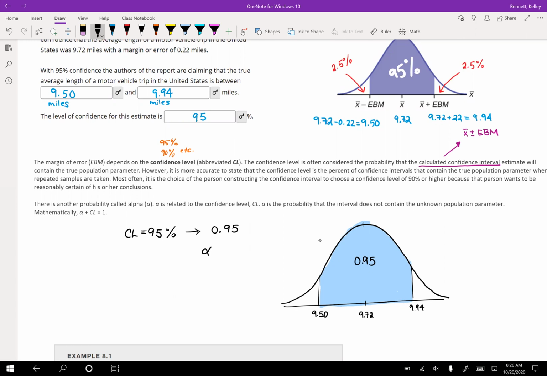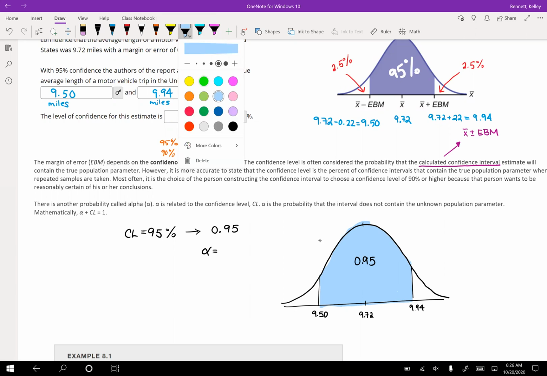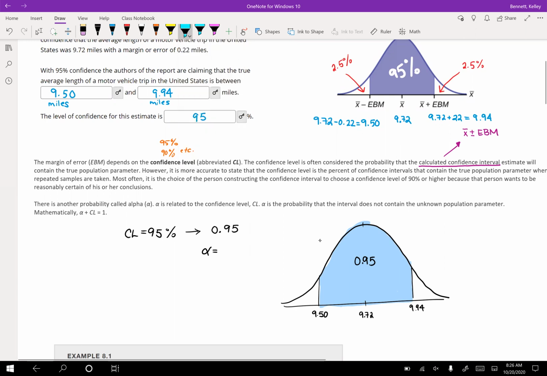What alpha is, is the area in the tail, the area that is outside here. So alpha would be 1 minus 0.95. But that's the total area of these pink tails.